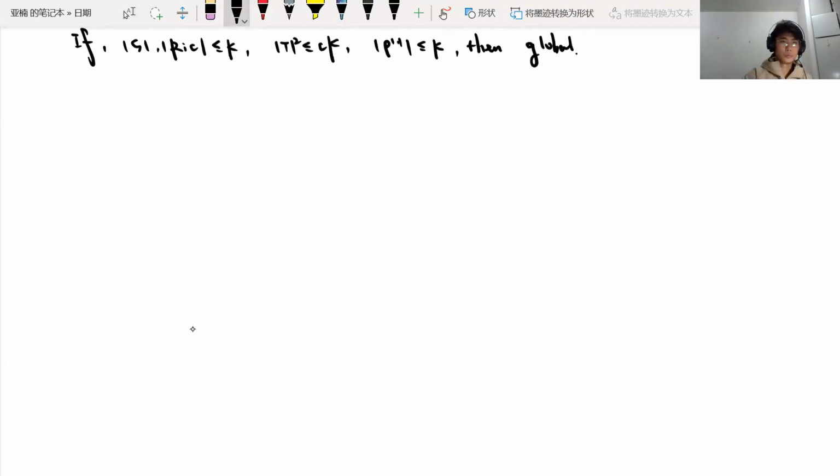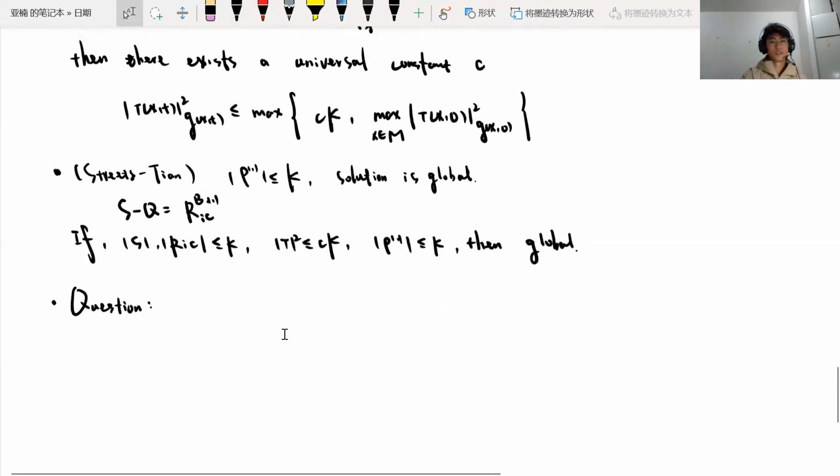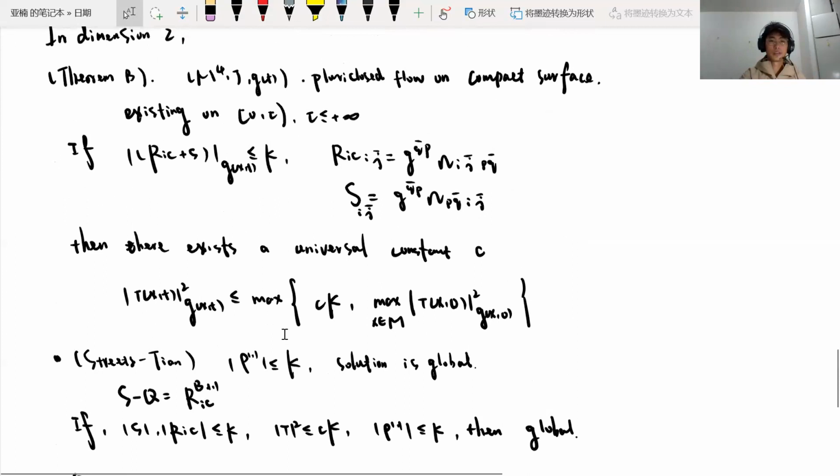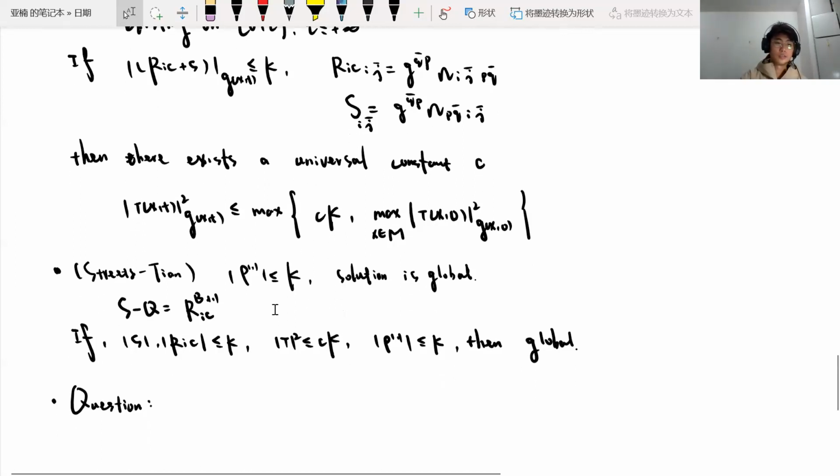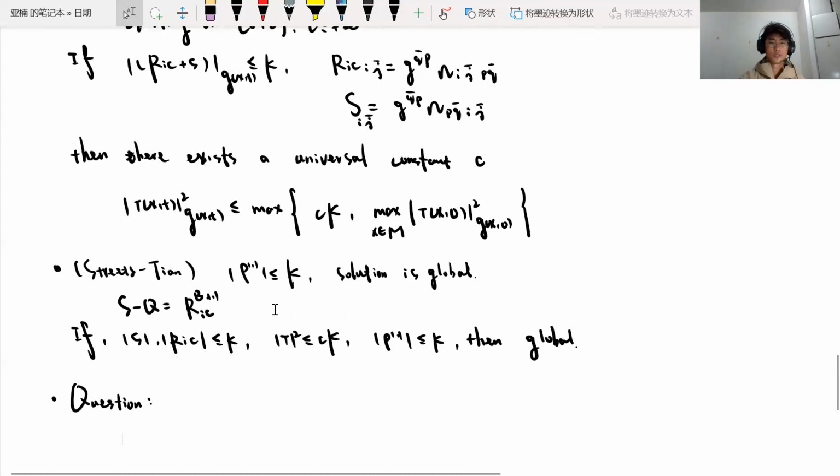And I have a question about this. Here we know that if the Chern curvature is bounded, then the solution is global. This is the result from theorem A. And in dimension two, the most interesting case we care about, we find that if the Ricci is bounded, then the solution is also global.